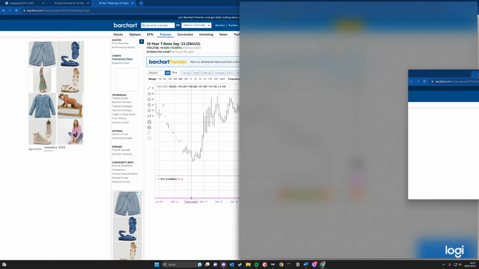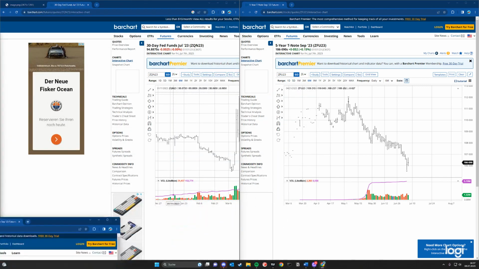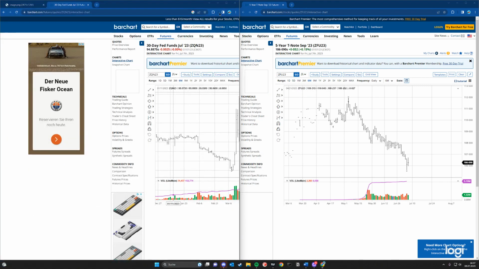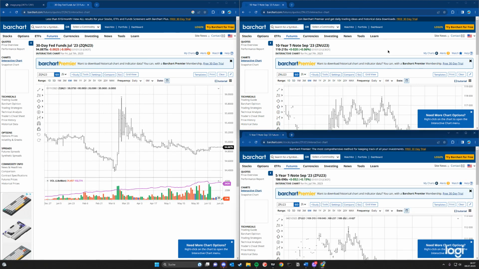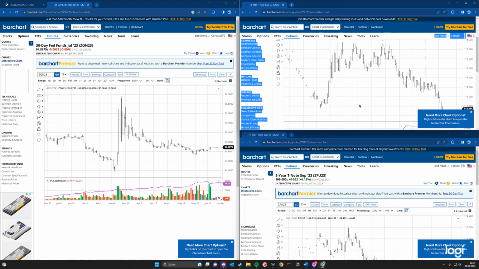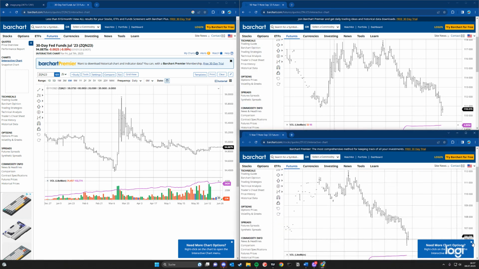Now we want to basically overlay all 3 of these, because it's actually the same thing as the smart money divergence, but in the bond market.